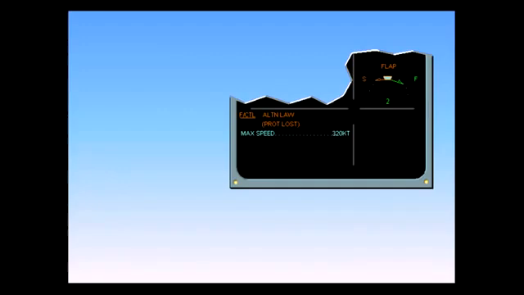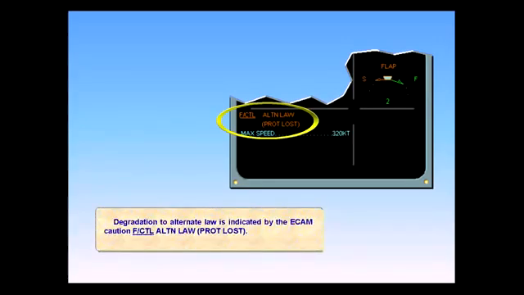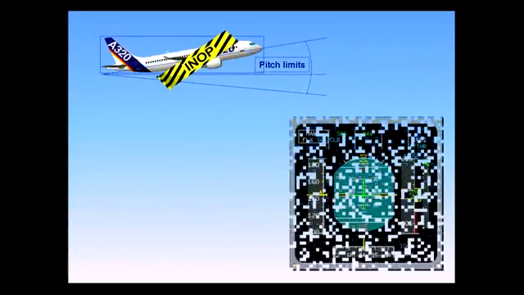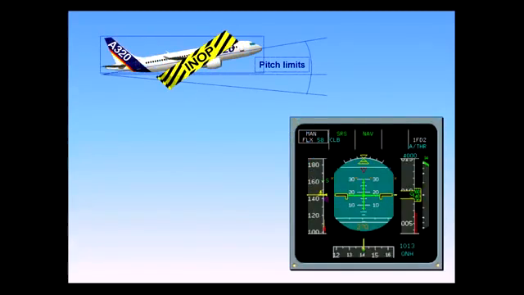Degradation to alternate law is indicated by the ECAM caution, Flight Control Alternate Law, Protection Lost. Pitch attitude protection is lost. The computers will no longer limit nose-up or nose-down pitch. On the PFD, the green dashes which mark the protection limits in normal law are replaced by amber crosses.